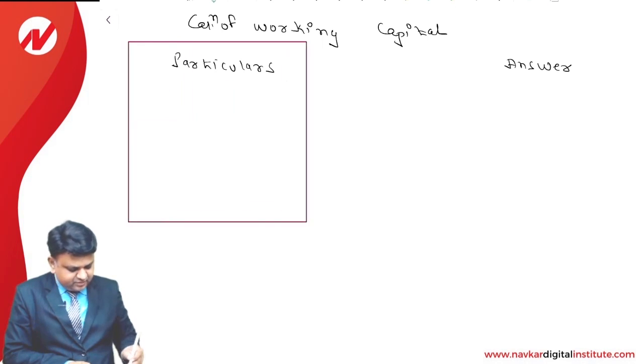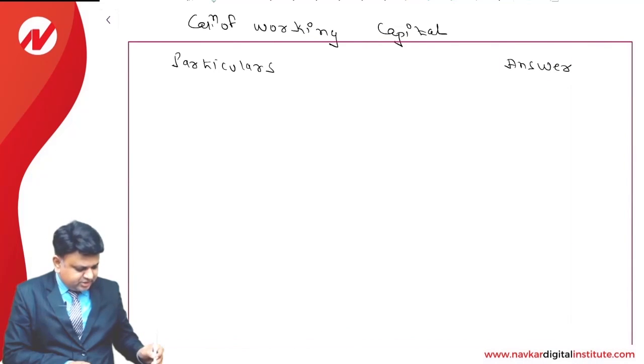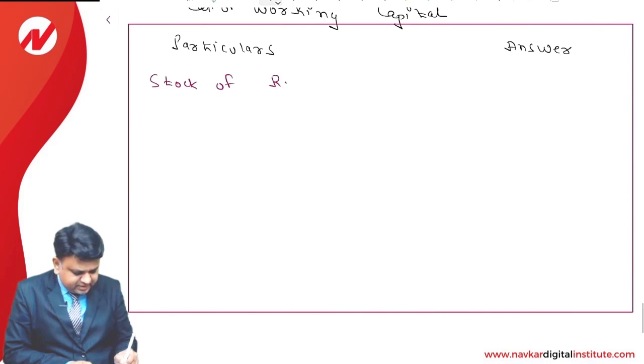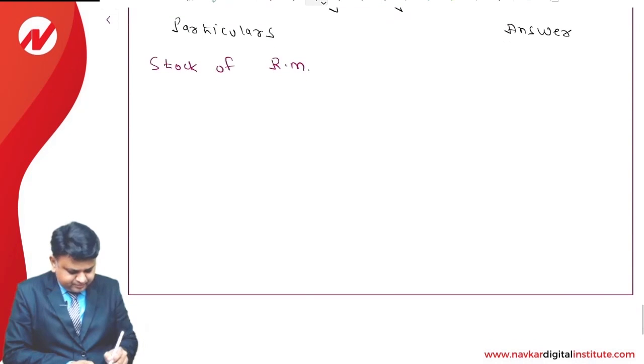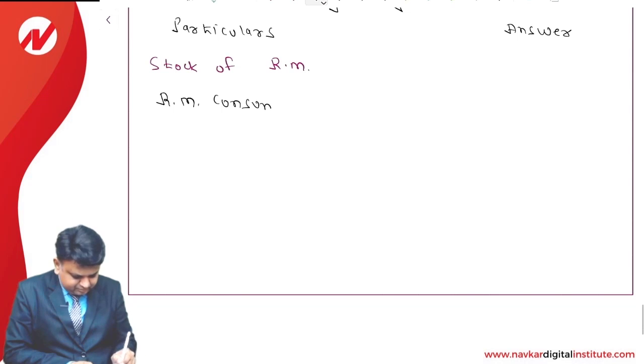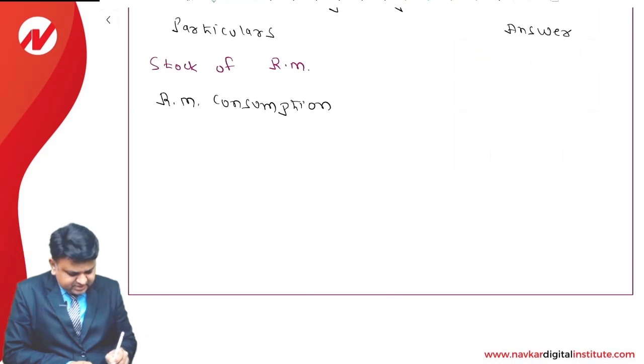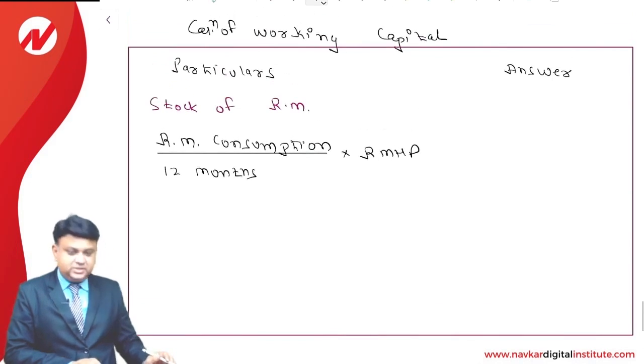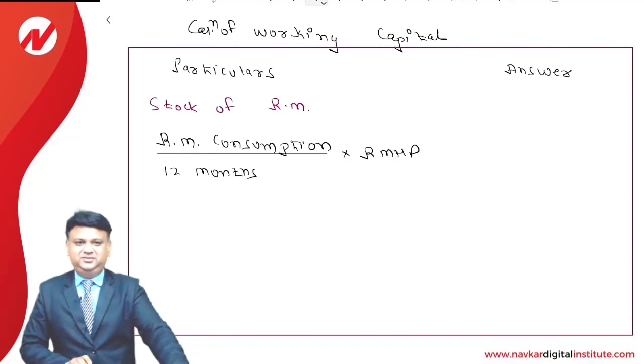In that, we'll start with the first, raw material stock. Stock of raw material will be calculated as raw material consumption divided by 12 months into raw material holding period. This is the way the stock will be calculated.